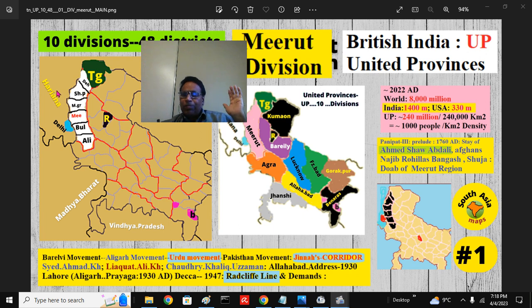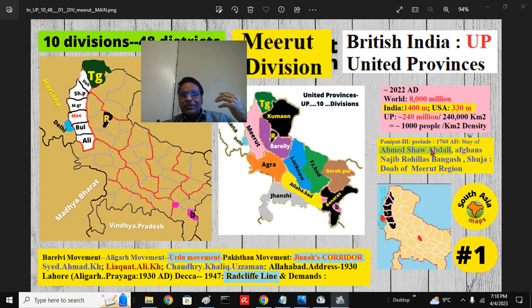It was adjoining the British Punjab province, and Panipat is next to the Baghpat region of Meerut district. Before the Third Battle of Panipat, the army that Ahmad Shah Abdali brought from Afghanistan lived for more than a year in the Doab region.